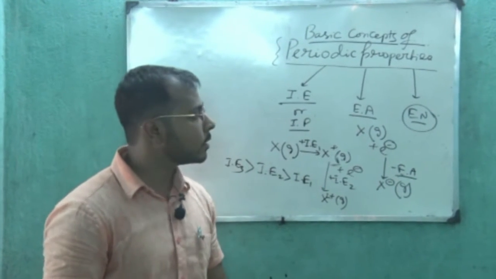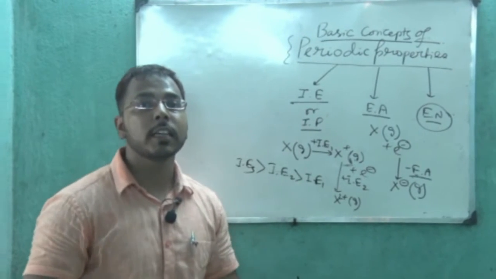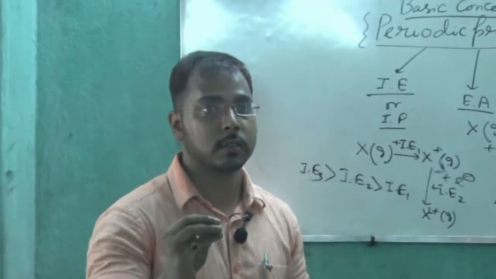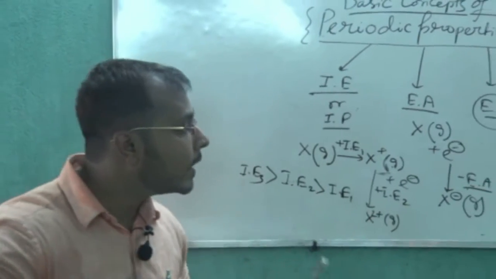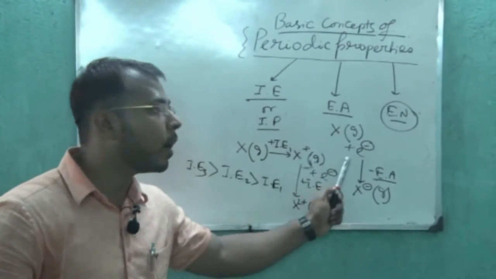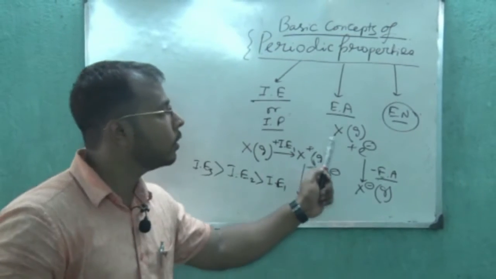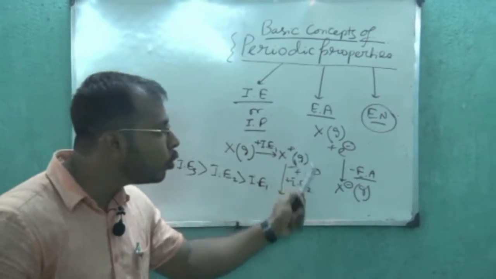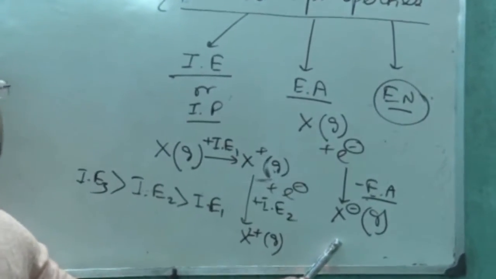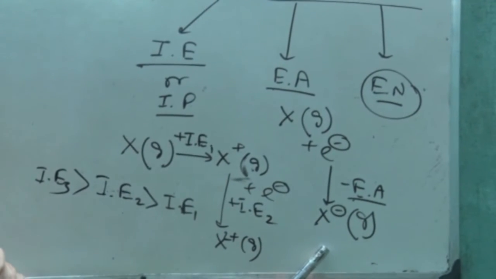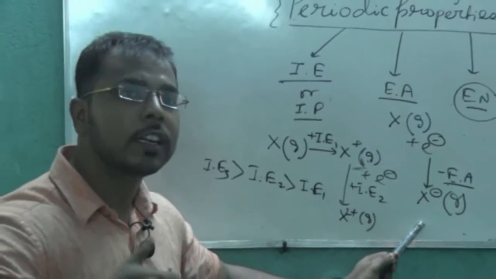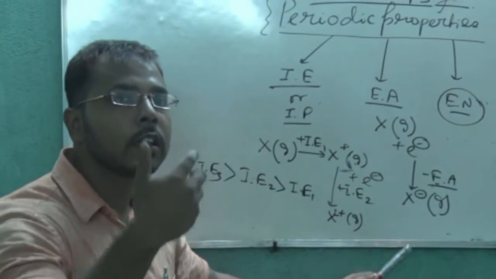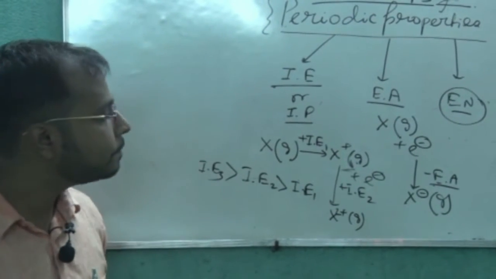That is why it is an exothermic process. That means it is the minimum amount of energy released when one electron is added to the valence shell of an element to produce an anion in its gaseous state. Why gaseous state? Because the gaseous state is the most unstable state and its reactivity will be in the highest order.